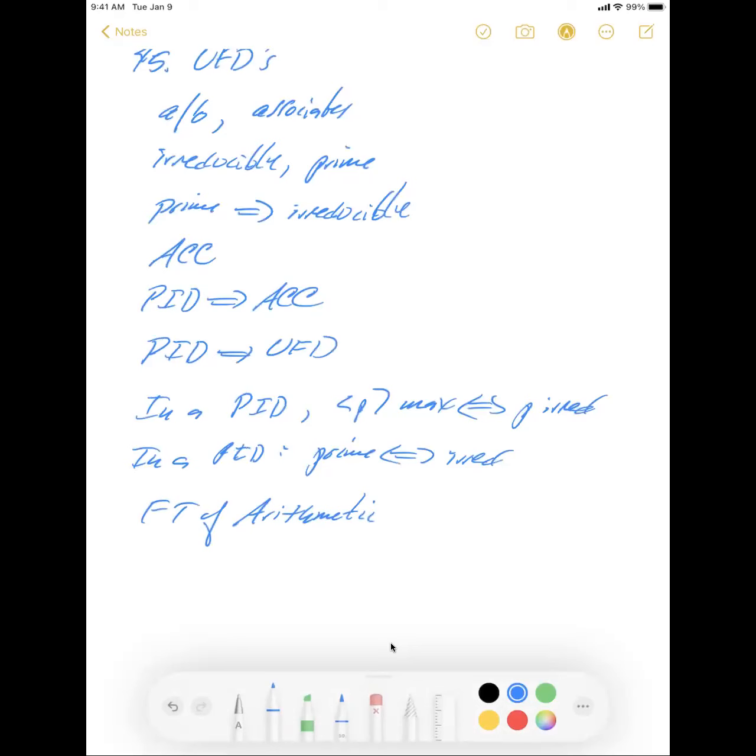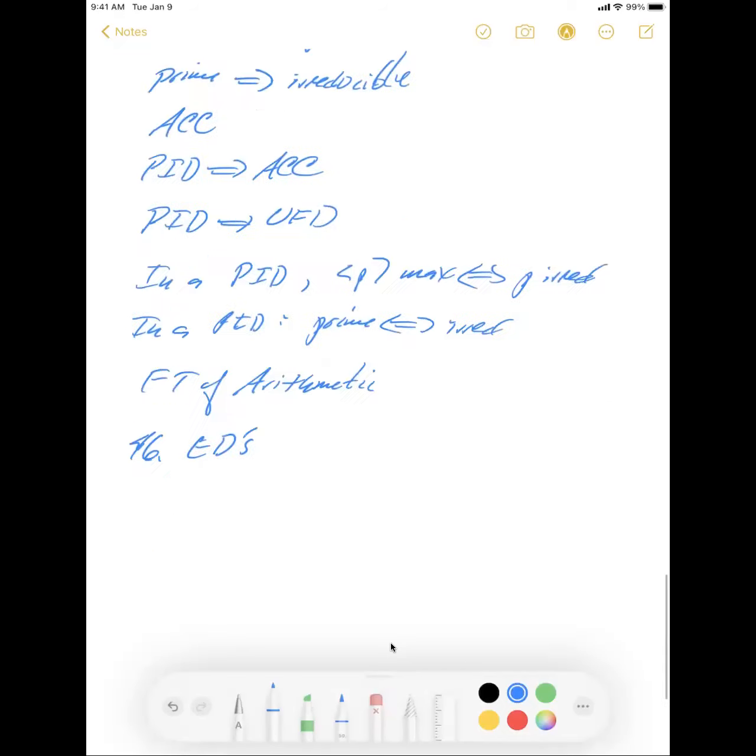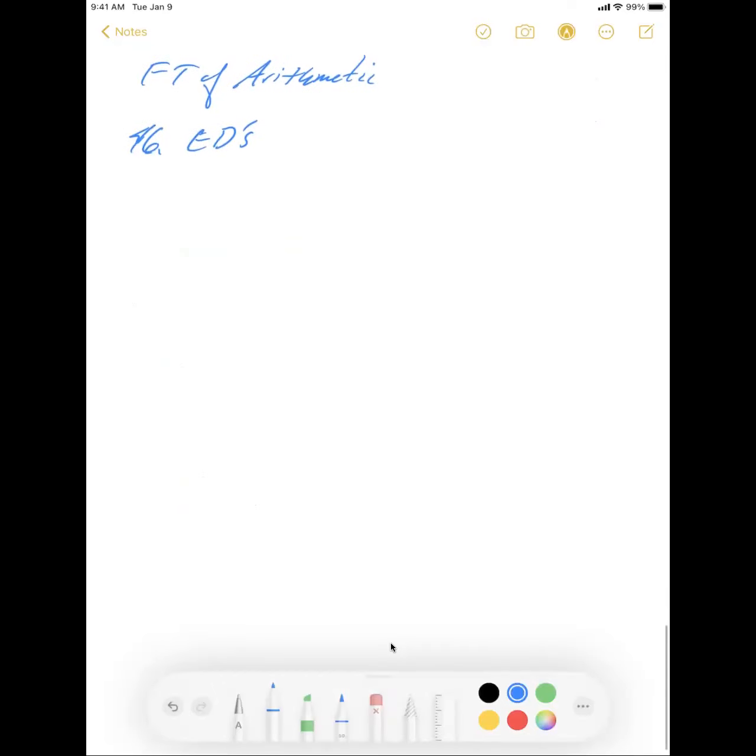Next chapter, Euclidean domains. So what's the point? What is a Euclidean domain? It's essentially a place where you have a division algorithm.